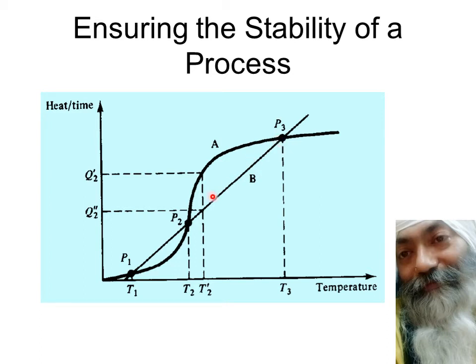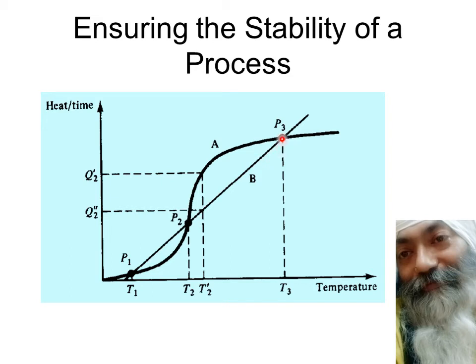So at this stage, we see that this straight line is the amount of heat which is absorbed by the coolant, and this sigmoidal curve is the amount of heat which is released. This is how they're going to change with respect to temperature. And we see that there are 3 points: point P1, point P2, and point P3.